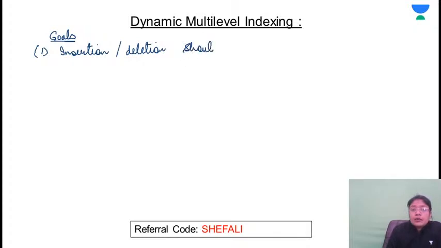The goals of dynamic multi-level indexing are to overcome all those drawbacks, that is, insertion or deletion should not result in an entire index change.